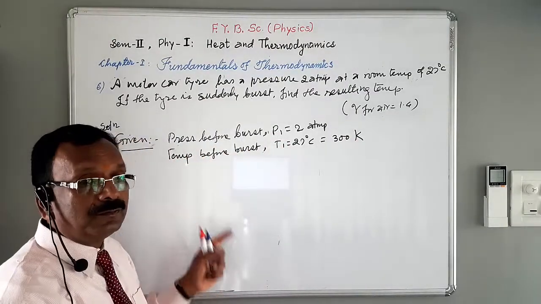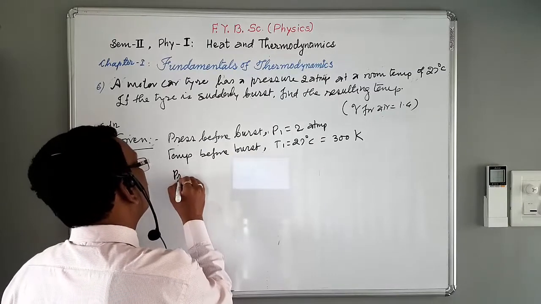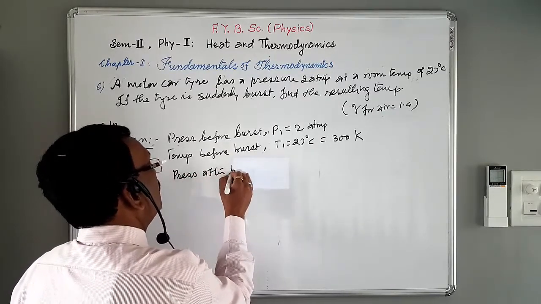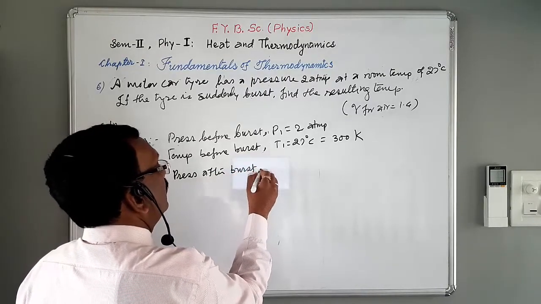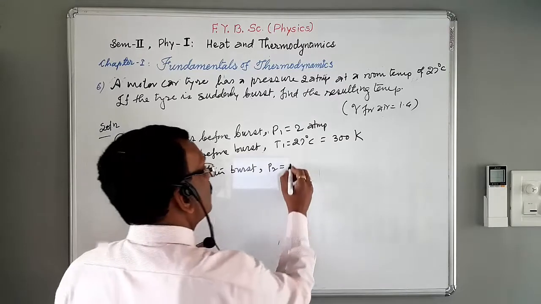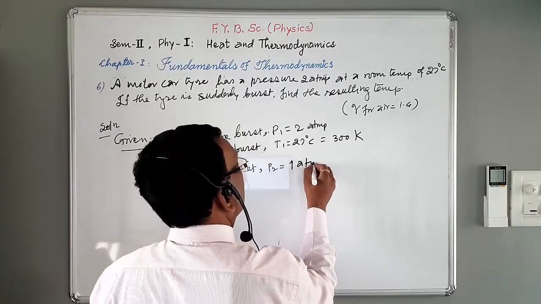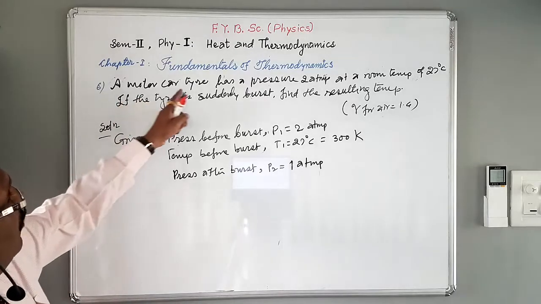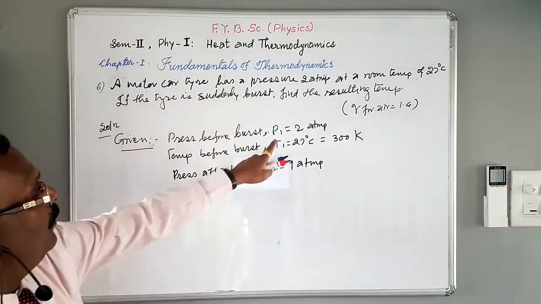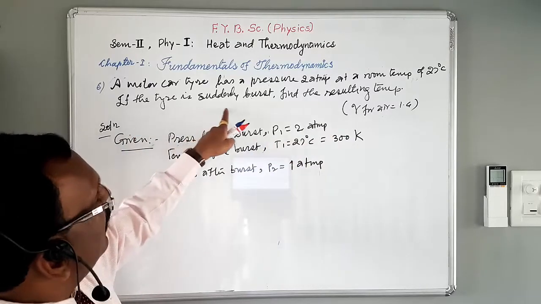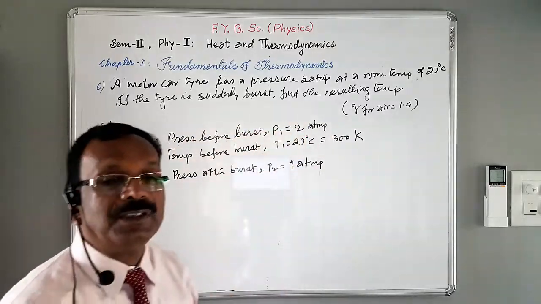Now the pressure after burst, that is P2, is 1 atmosphere pressure. This is the given data. See here, a motor car tire has a pressure of 2 atmospheres at room temperature, and if the tire suddenly bursts, find the resulting temperature.